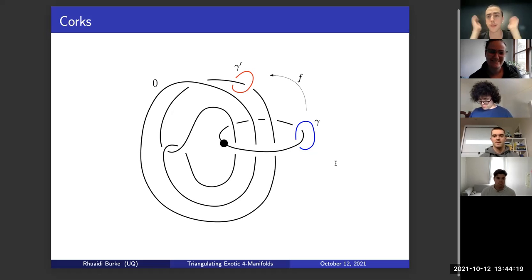But there's definitely stuff going on here, because when I said we're trying to pin down what the actual combinatorial version of this involution on the boundary of the cork is, it's because it's on the boundary.